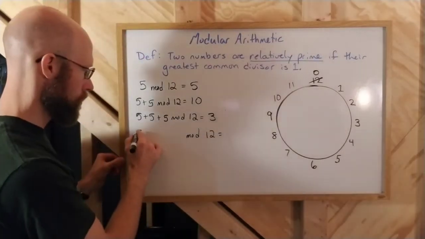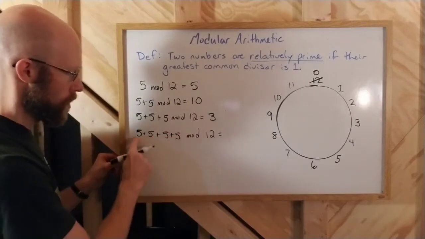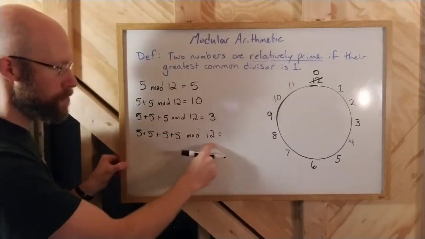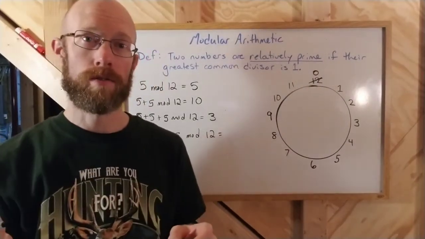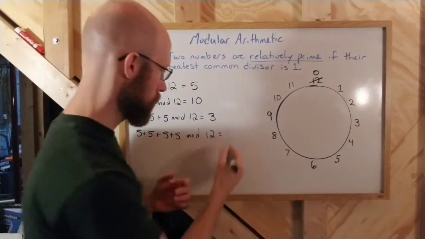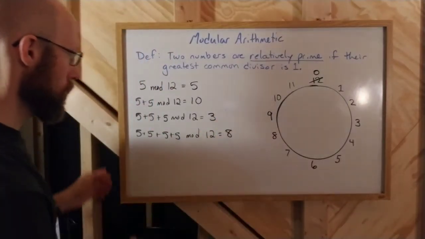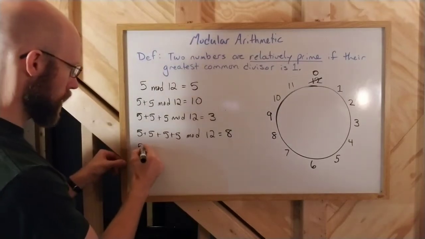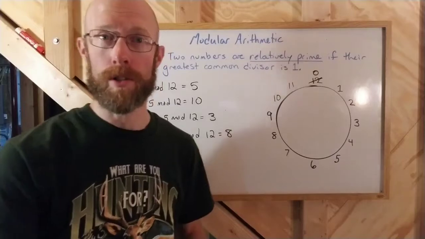Right? Add another 5 in there. Do this a 4th time. This is 20 mod 12. Well, if you take out 12 from 20, you're left with 8 as a remainder. Okay. And then you add another 5. And really, all I could do is I could just jump up by multiples of 5, right?